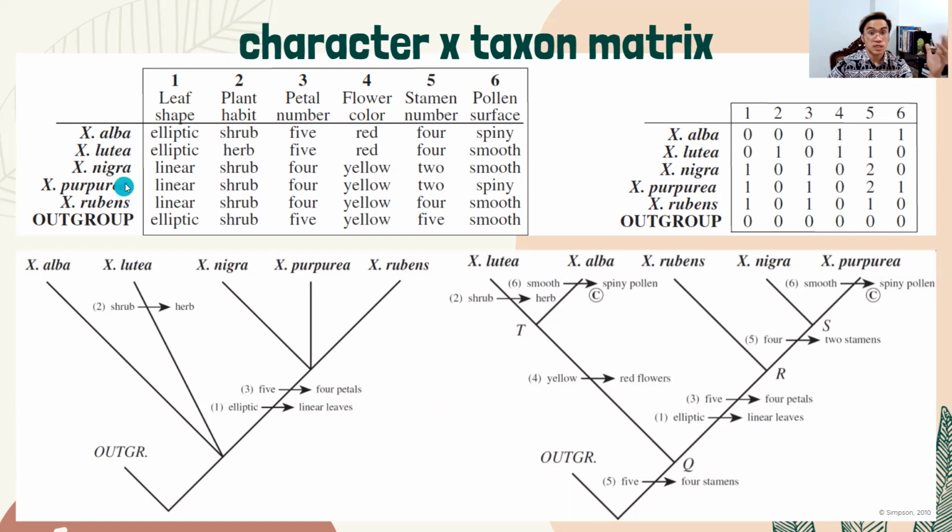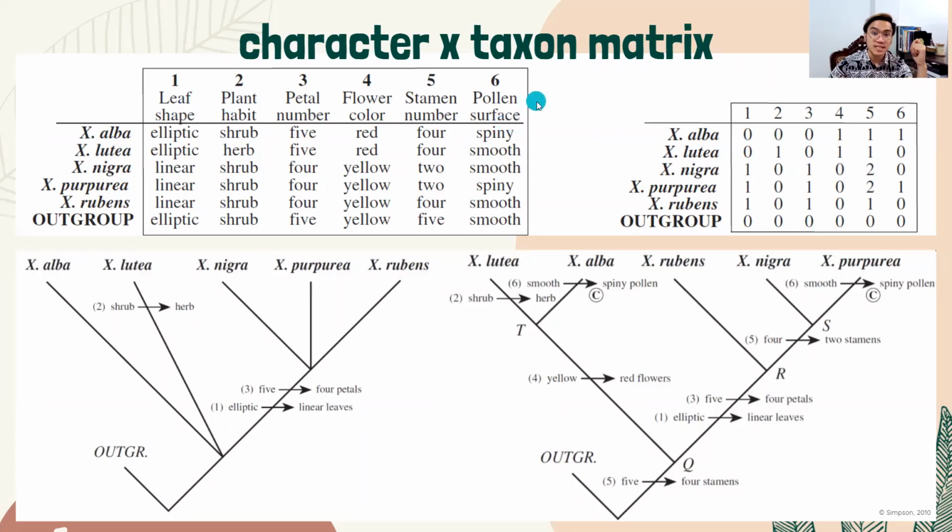Essentially that's our ingroup. Our ingroup consists of 5 OTUs, and then we have an outgroup. So aside from the taxa, what is the other major element in creating a phylogenetic tree? We have the characters. The characters we put as columns in our matrix.